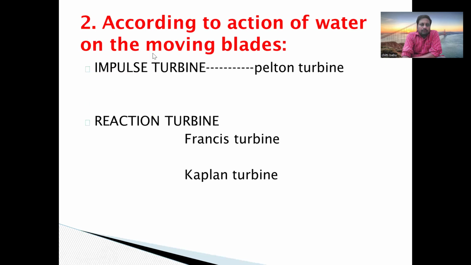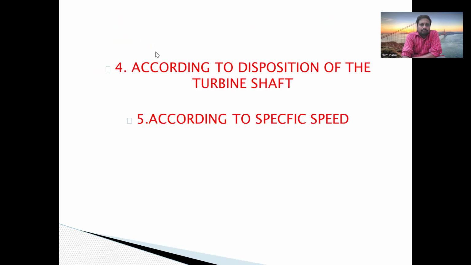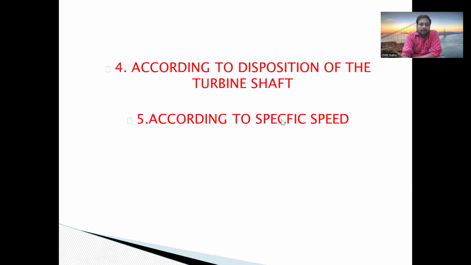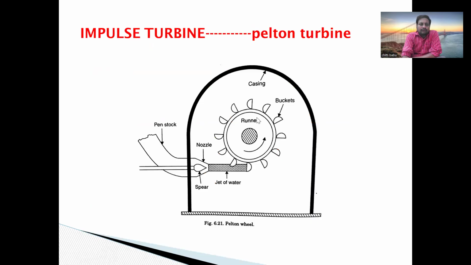Now we'll see one by one. According to the specific speed also we need to classify the turbines. Here we are going to see the impulse turbine.